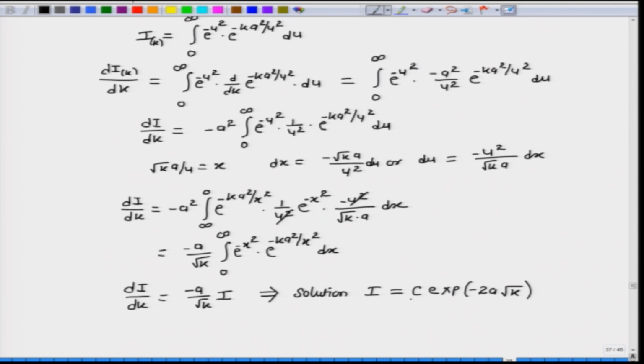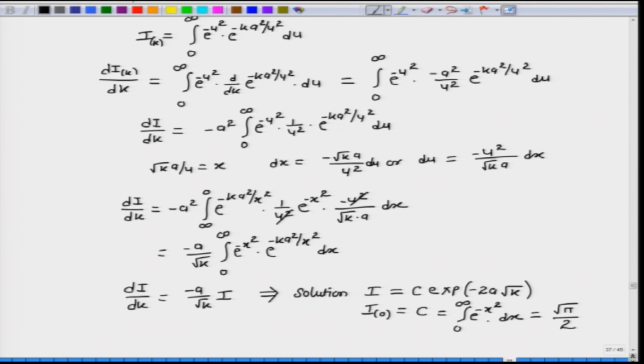Now, to evaluate c, if we substitute for k equal to 0, then we know I of 0 is equal to c, but if we substitute in the integral, it is the integral from 0 to infinity e to power minus x square dx, and this should be equal to root pi by 2. 2 over root pi times integral 0 to infinity e to power minus x square dx is nothing but the error function of infinity, which is unity.